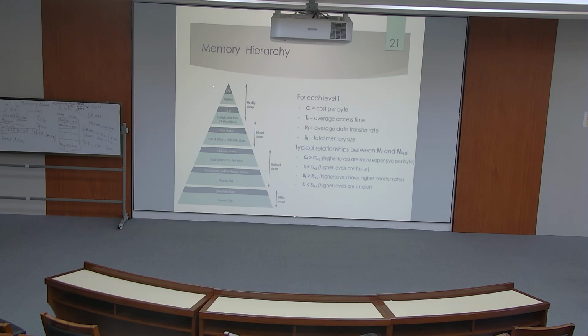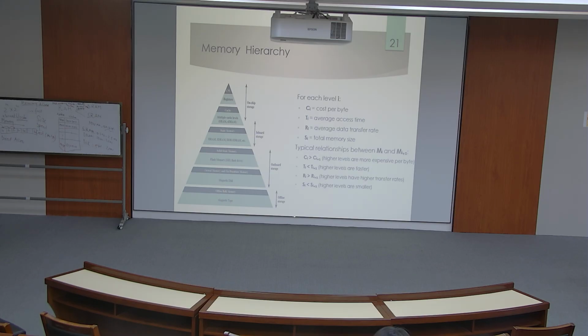Now, let's talk about the typical relationship between a memory at level Mi and a memory at the following level Mi+1. For average data transfer, the higher level memories have higher transfer rates. A memory at level i has a higher transfer rate than the level Mi+1 memory.